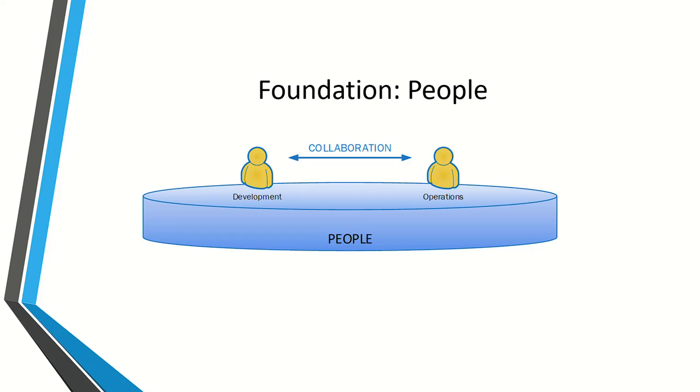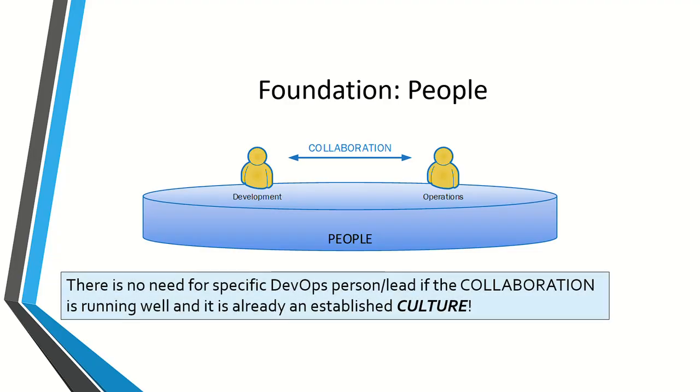If you can collaborate and ensure you have regular communication, and each communication has a healthy sign that okay, now the silos are starting to be removed or starting to disappear, then you can say that there is no need for a specific DevOps person or lead if the collaboration is running well and it is already an established culture.